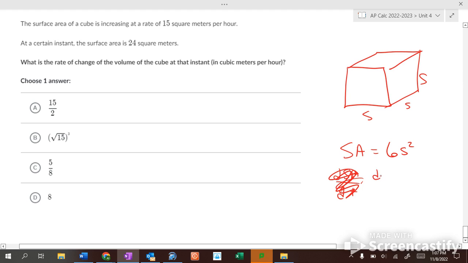Okay, so dSA dt equals 12s ds dt. So at a certain instant, the surface area is 24 square meters. And so we don't know the change of it, but it's increasing at a rate of 15 meters per hour.